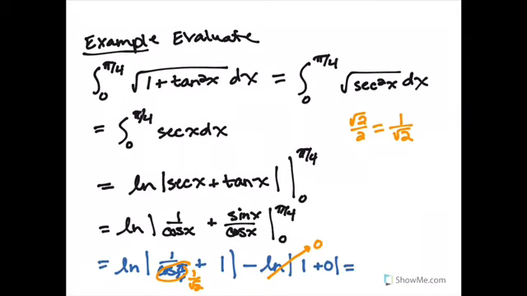It's just going to be root 2. So my answer here is natural log of the square root of 2 plus 1. Do I need absolute value signs? That's a positive number, so I could switch to parentheses at that point.